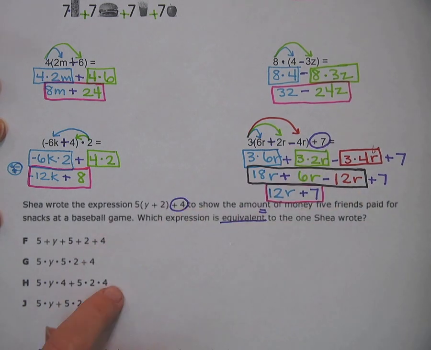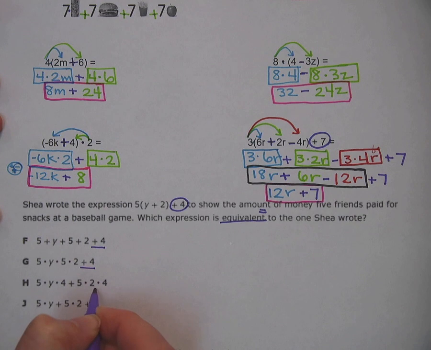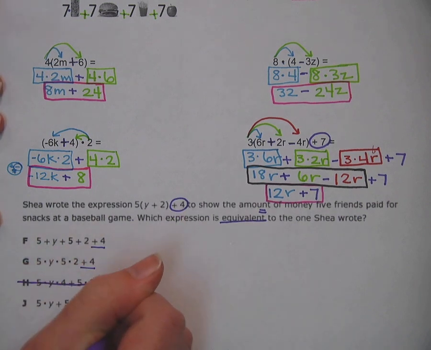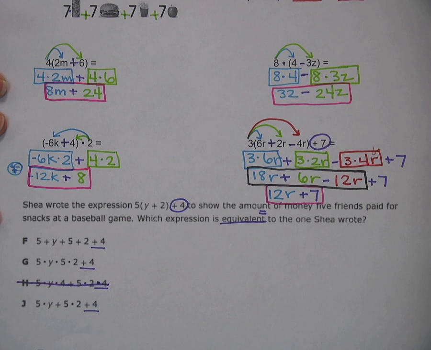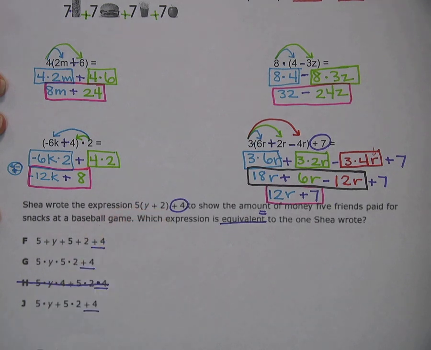So if I look, I can already get rid of an answer choice that does not have a plus 4, which would be this one right here. It has a times 4. We cannot change plus 4 to times 4, so H is already gone. Now, I have a 5 outside, so that means I can distribute that 5 inside.